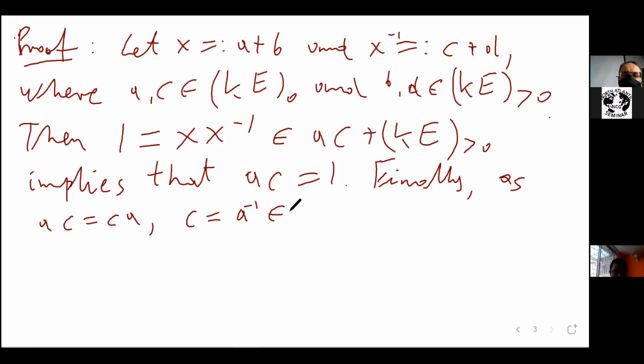So this is an element in KE0. And of course, because X inverse is by definition C plus D, we can write X inverse, just substituting A inverse for C, as A inverse plus D. And this is exactly what was claimed, and this ends the proof. Okay.